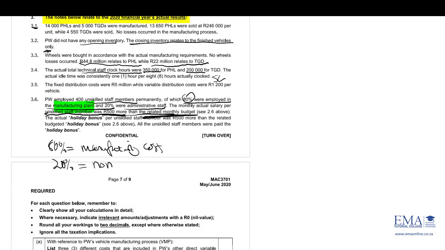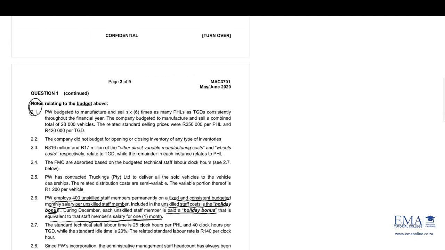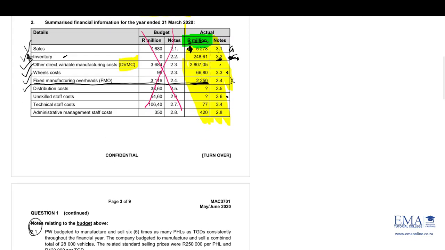Then they said the actual holiday bonus pay per unskilled staff member was 500 more as well than the related budgeted holiday bonus, which means the bonus also increased by 500. Then they said all the unskilled staff members were paid the holiday bonus. Okay, so let's look at the budgeted first, because they were just told that they increased by 500. So it means they increased from the budget. If you come here, you can see that we were given the budgeted unskilled staff, which is how much?